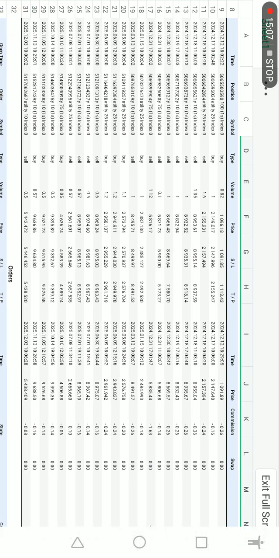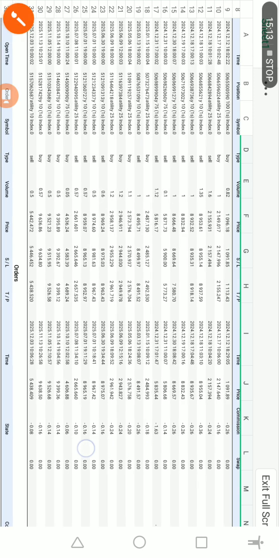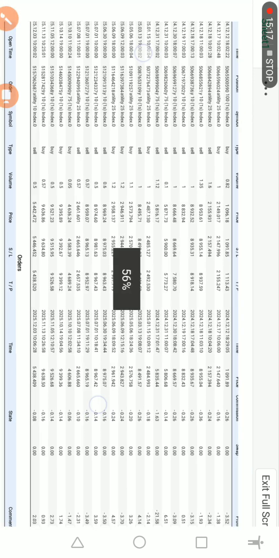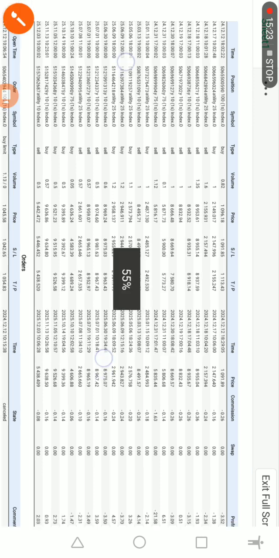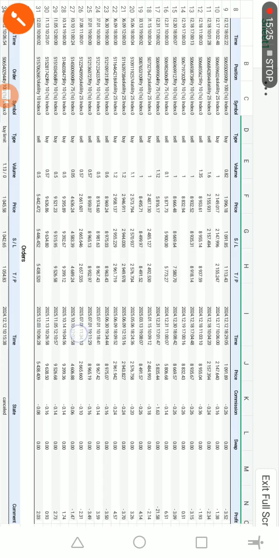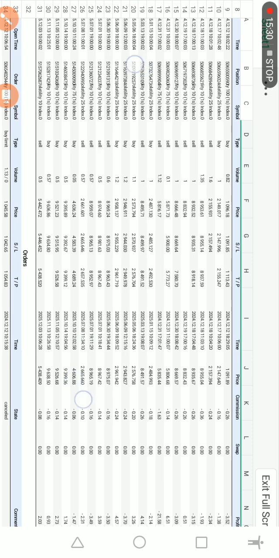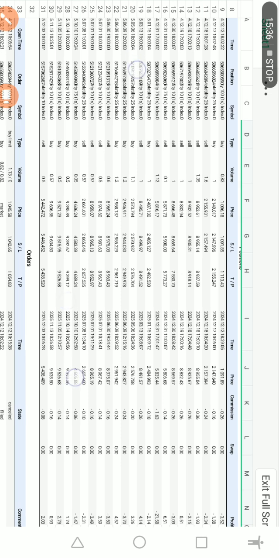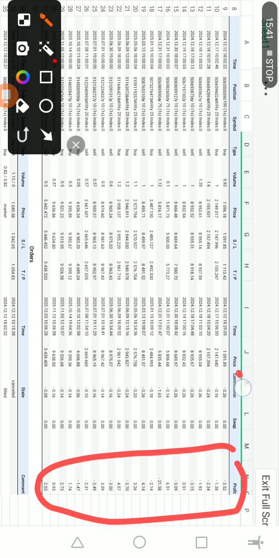Remember, for the BVI FSC account, it's a commission based account, so you will have to, okay, let me scroll in a bit. From these profits, you will also have to subtract these commissions on your own.